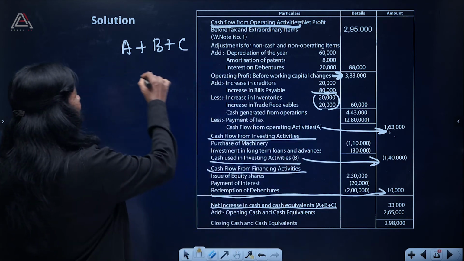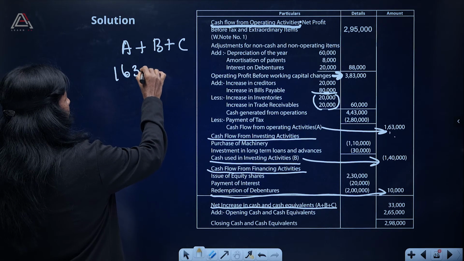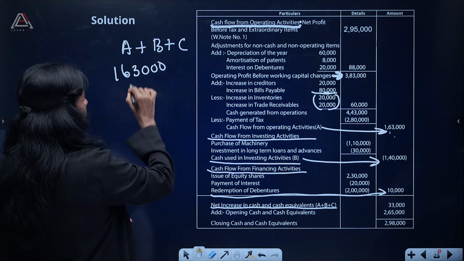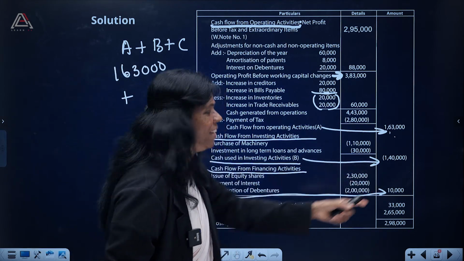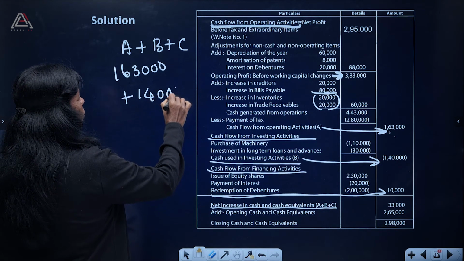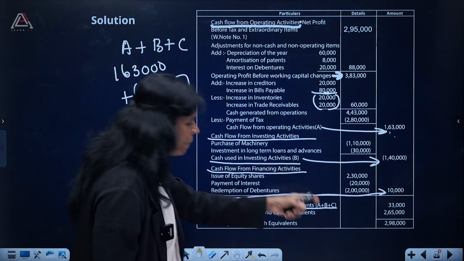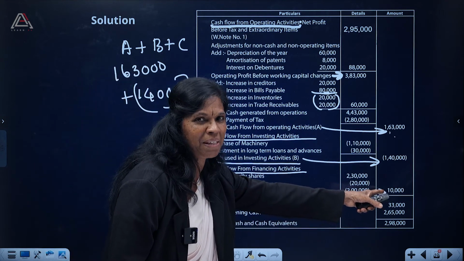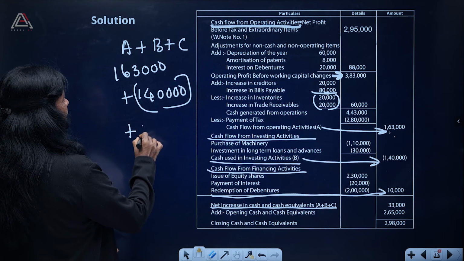So, let me check. A means 1,63,000. This is inflow. Plus investing activity B, 1,40,000. This is outflow, a minus figure. Plus this is a plus figure, that is C, plus 10,000.